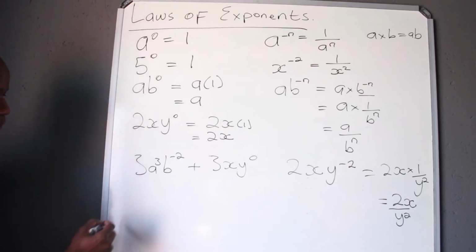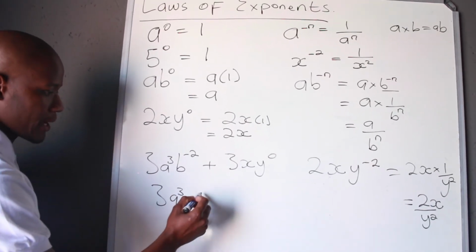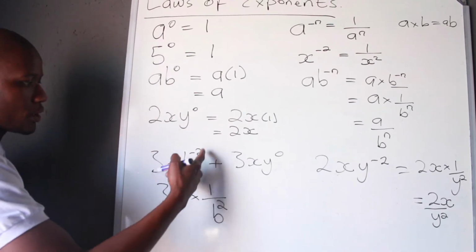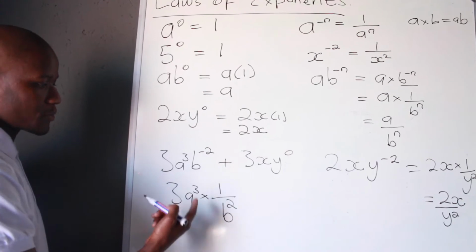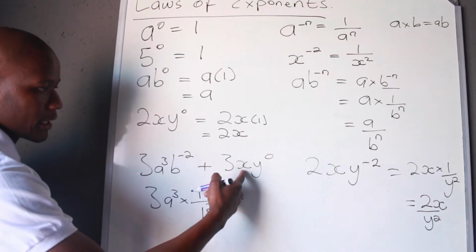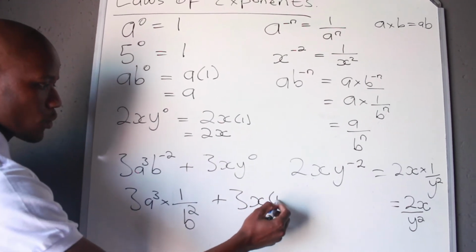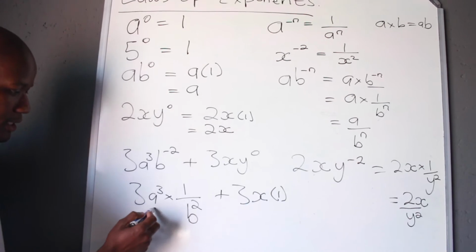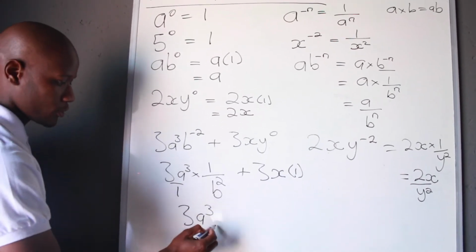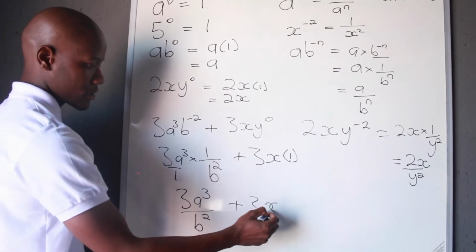So check. Here it is going to be 3a cubed multiplied by 1 over b to the power 2. Why? Because we always leave the answer with a positive exponent. So plus 3x y to the power of 0 is 3x times 1. So it's going to be 3a cubed over b squared plus 3x.